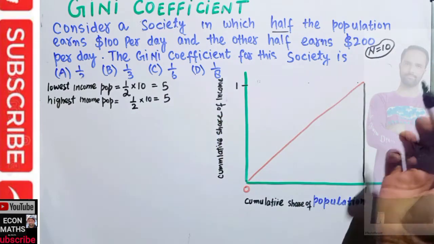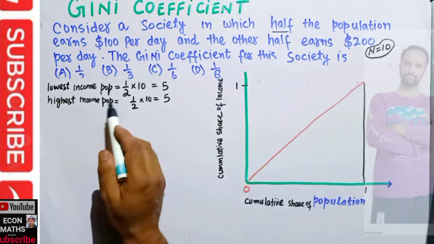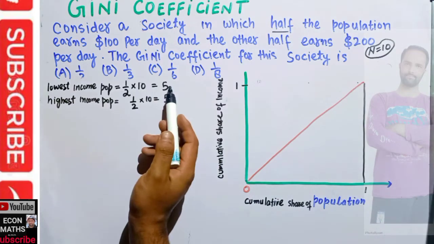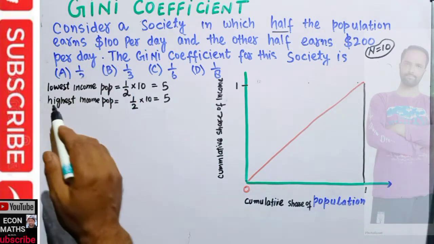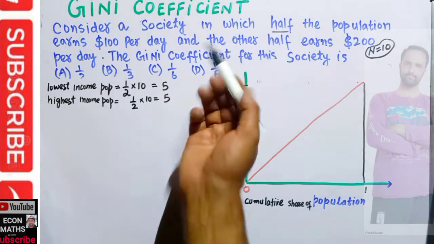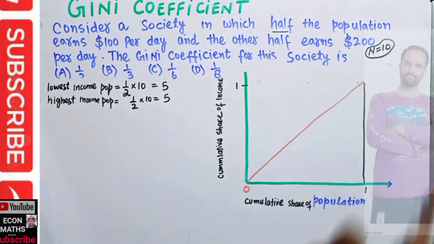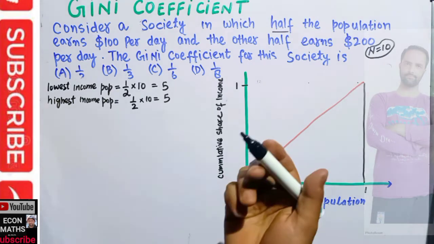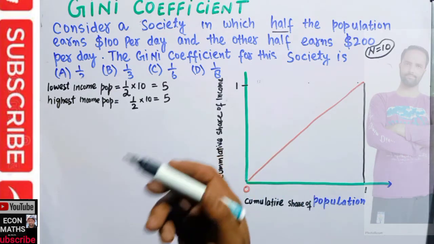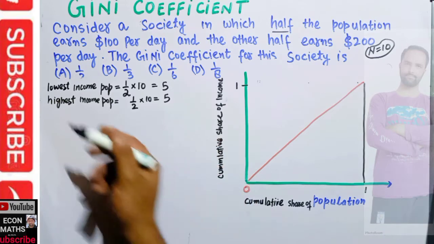If we have 10 people in a society, that means 5 people earn $100 and the rest 5 earn $200. Simple thing.